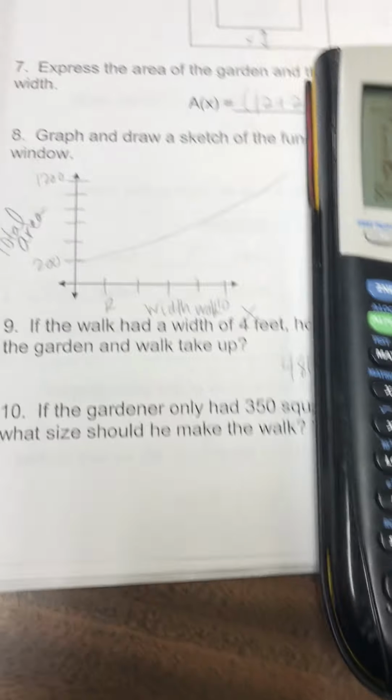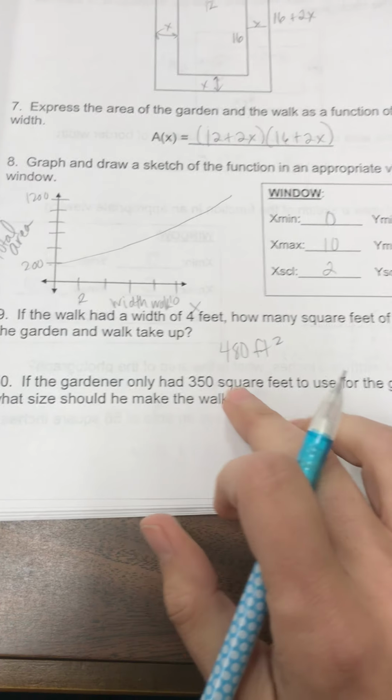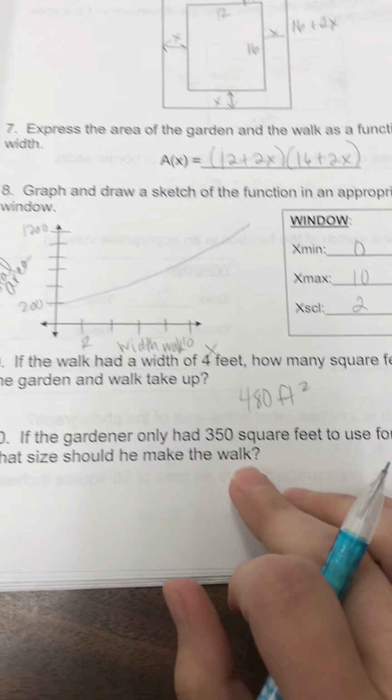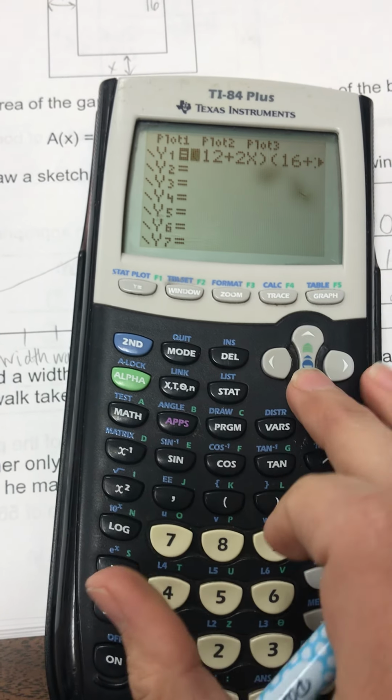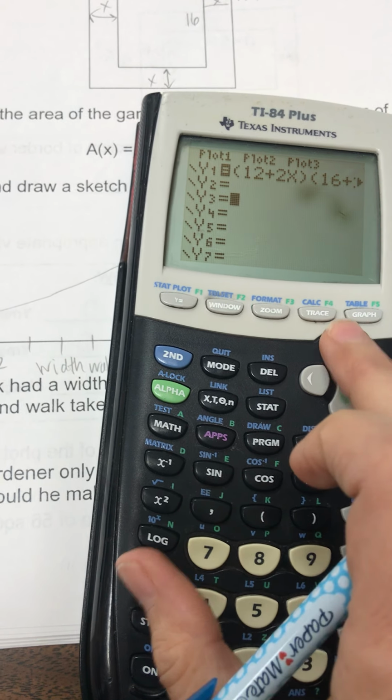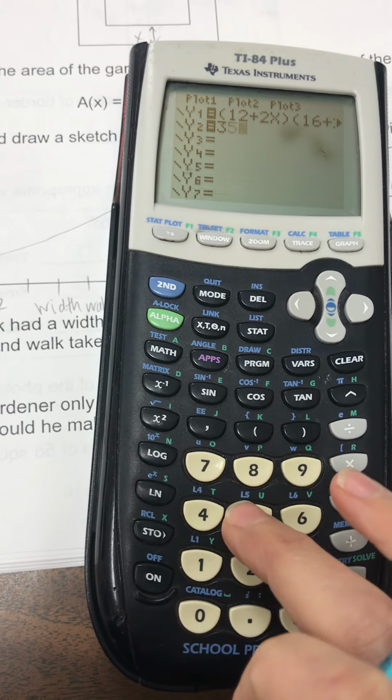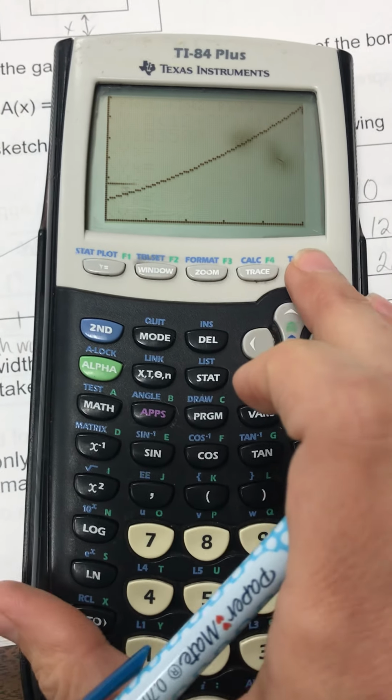Now it says if the garden only had 350 square feet to use for the garden and the walk, what size would he have to make the walk? So your y now is going to be 350. You're going to go to y equals, go down, and put in 350 as your y2, just like we did a while ago. And you're going to graph it.